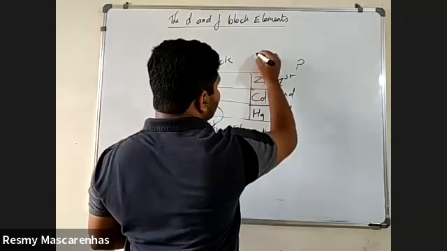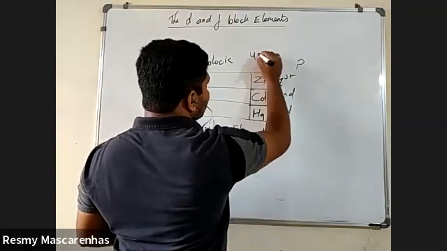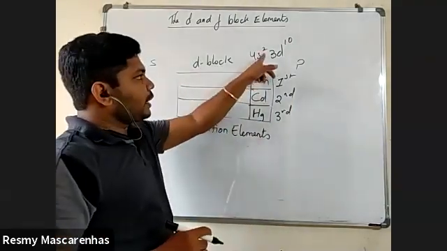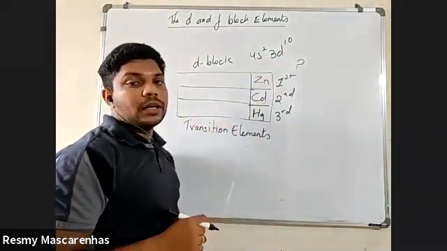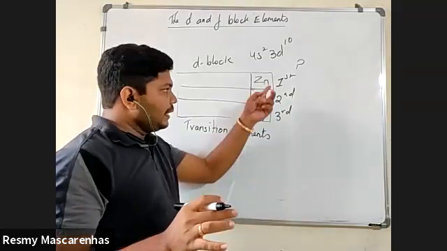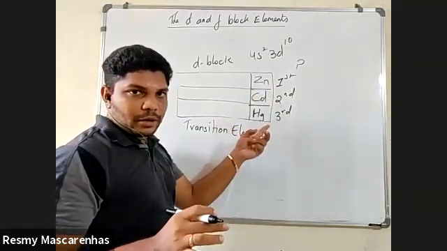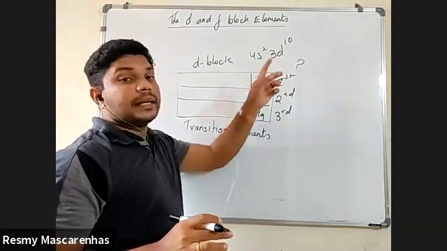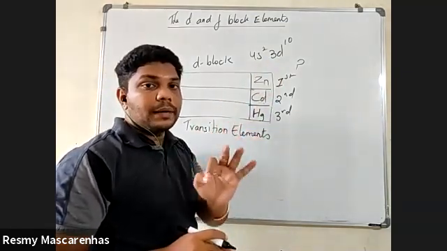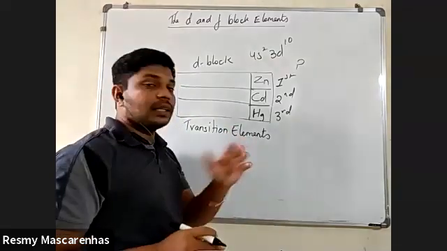The electronic configuration is 4s2 3d10. It's complete. So whenever any D block element has its outermost orbital completely filled, that element cannot be called a transition element.